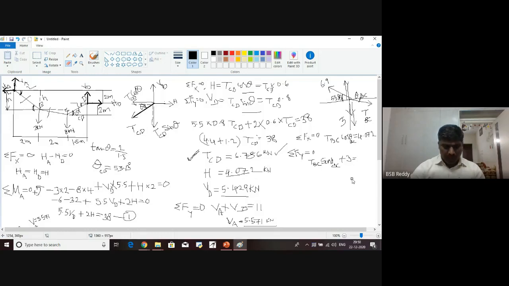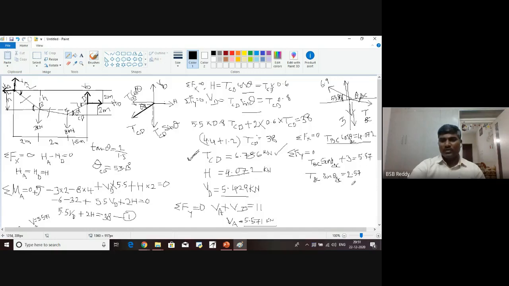So 5.57 is the value. So TBC sine theta BC is equal to 5.57 minus 3, which is 2.57.